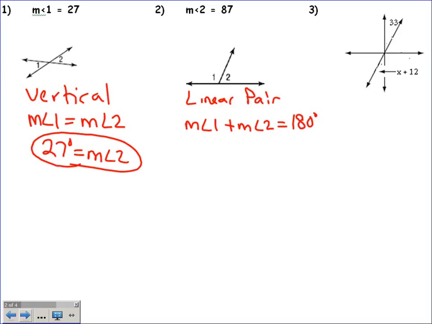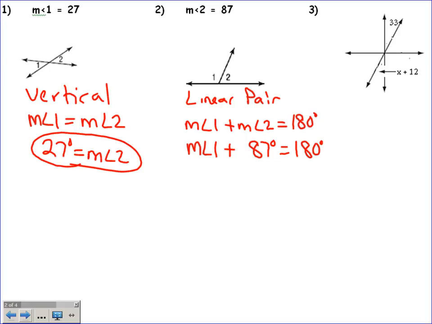Now, what else did they tell us specifically about this? The measure of angle 2 is 87, so I write this in here, 87 degrees. You need to pretend like the measure of angle 1 is like a variable. It's like an x. So x plus 87 equals 180.